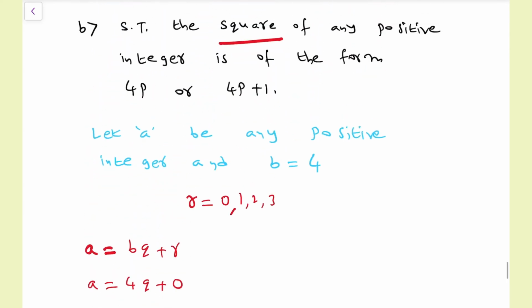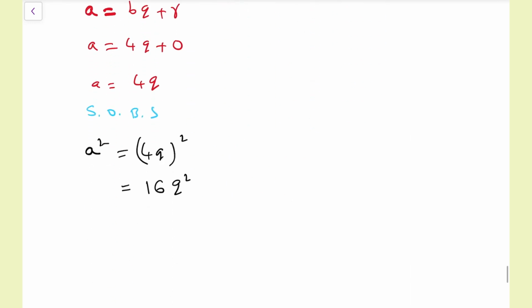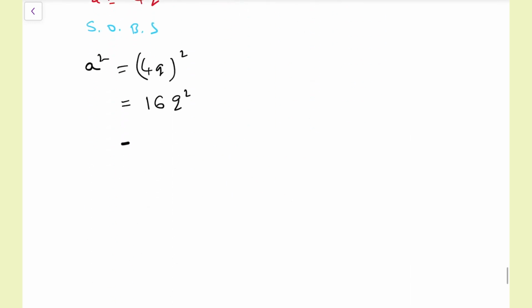We want everything in the form of either 4 into something or 4 into something plus, right? So that is the reason I am taking 4 common from this. If we take out 4 common, then we remain with 4q. So now we can say that it is in the form of 4p, where p equals what is there in the bracket, 4q square. Now first remainder completed, right?